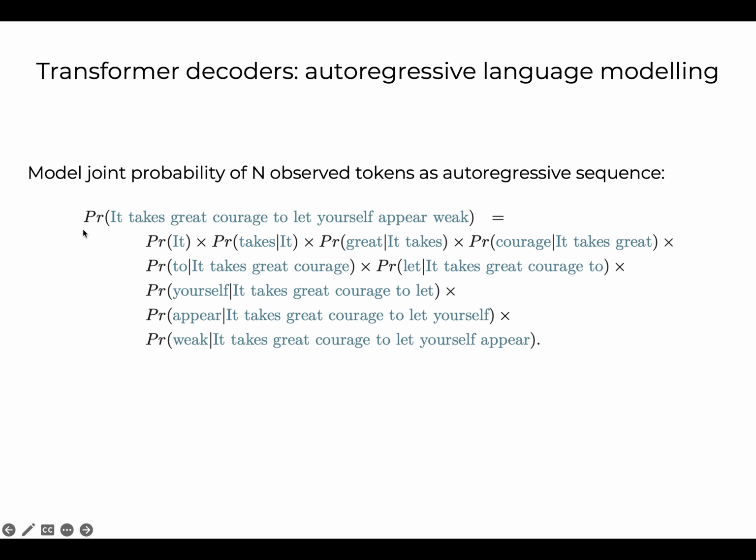So I'd like to be able to say the probability of observing this whole sentence, "It takes great courage to let yourself appear weak," can be expressed as the product of the probability of seeing "it" as the first word multiplied by the probability of seeing "takes," given that I saw "it" as the first word, multiplied by the probability of seeing "great," given that I saw "it takes" as the first two words, and so on up until the last word.